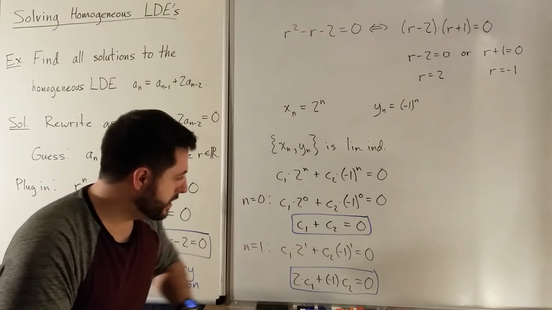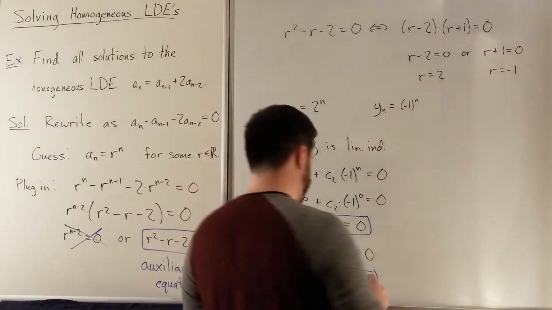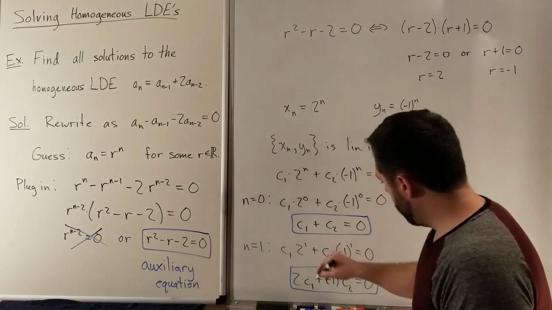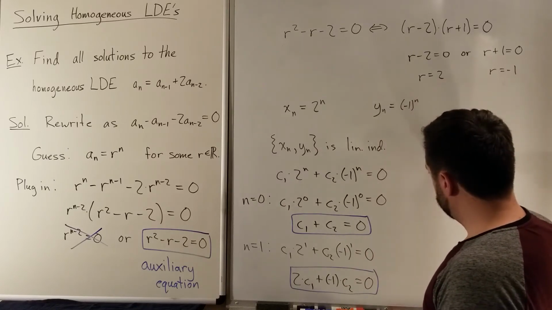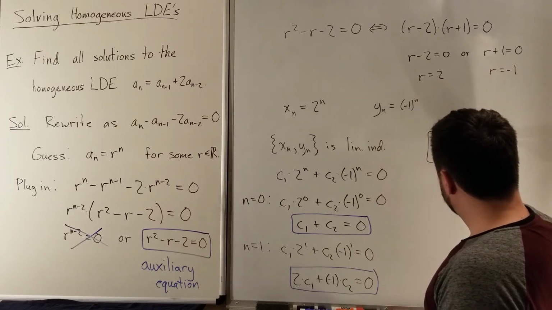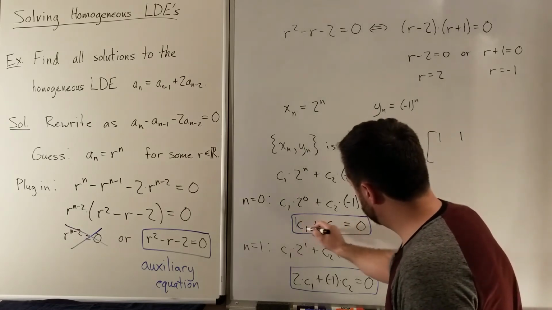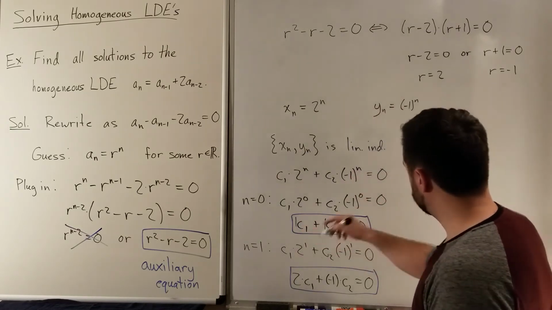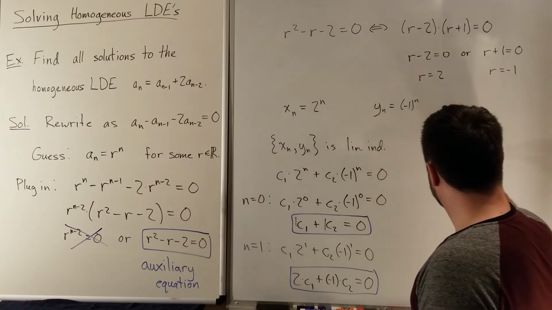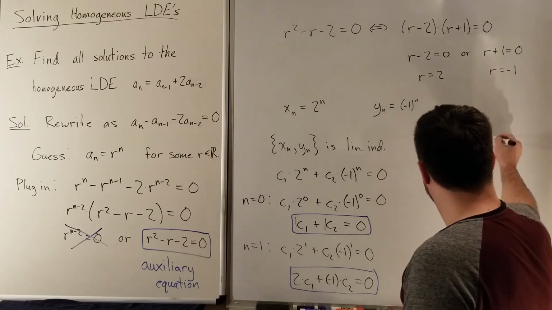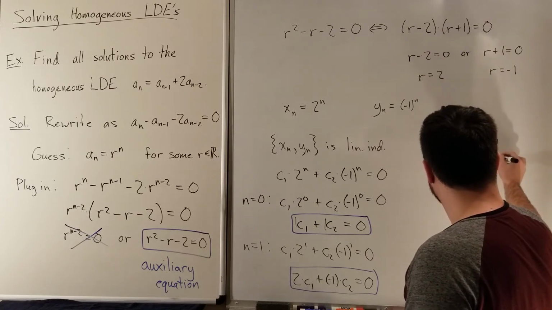However, I want to think about this in matrix format. So I can rewrite this as a matrix equation that looks like 1, 1. Those are the coefficients there. And 2, negative 1. I'll move so you can see in a second.